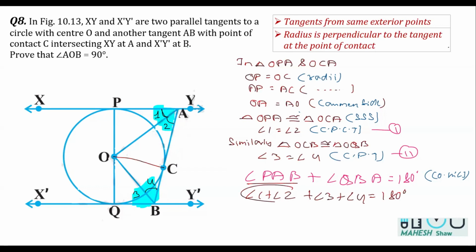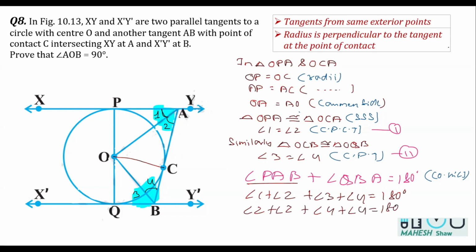Now, since 1 and 2 are equal from here, I can replace 1 with 2 or 2 with 1. I go for 2. So that is replacing angle 1 with angle 2. What I'm doing here, I'm writing angle 1 as angle 2. So that is angle 2 plus angle 2. Similarly, on this side, angle 3 is replaced with angle 4.